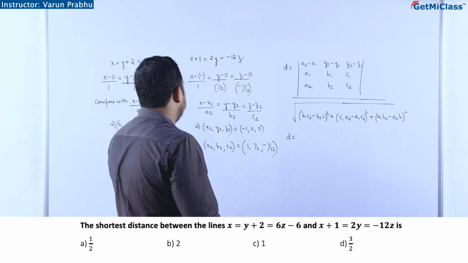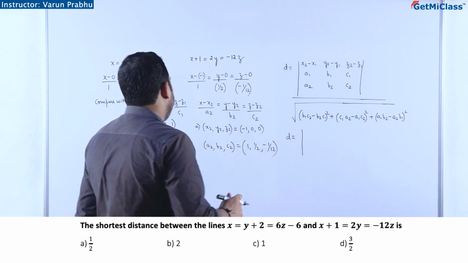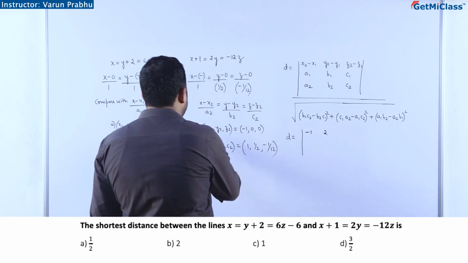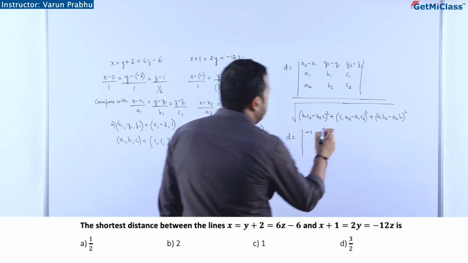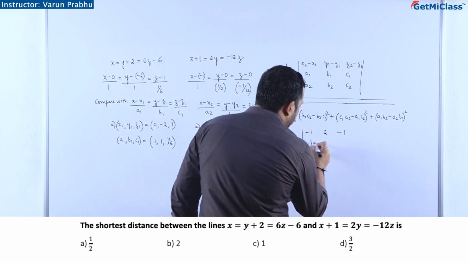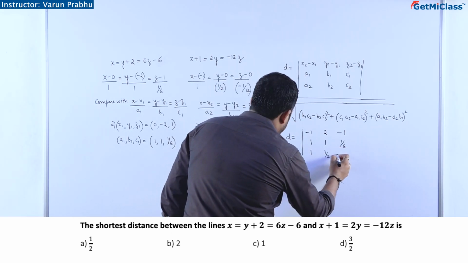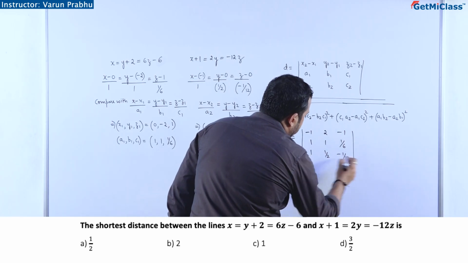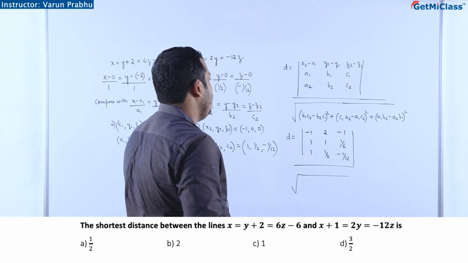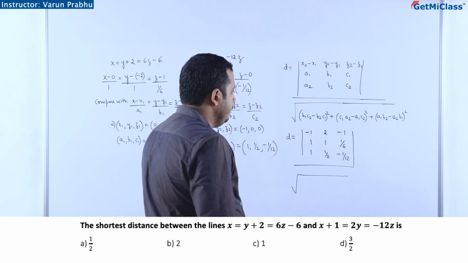So, we will calculate the answer to the question. What is x2 minus x1? It will be minus 1, y2 minus y1 will be 0 minus of minus 2, which is 2, and z2 minus z1 is minus 1. The a1, b1, c1 row will be 1, 1, 1 by 6, and then 1, 1 by 2, minus 1 divided by 12, divided by root over (b1 c2 minus b2 c1) the whole square.